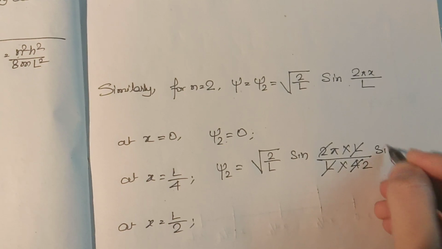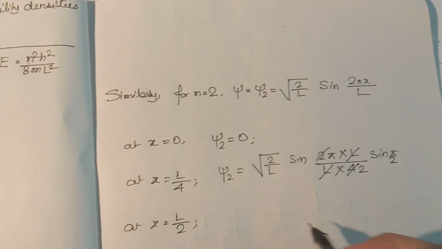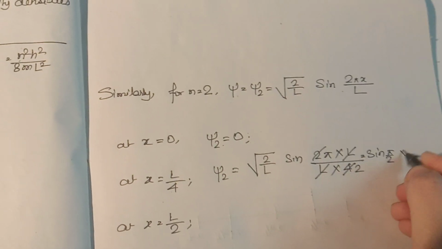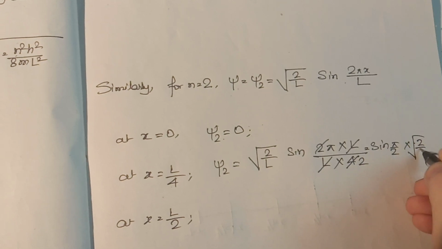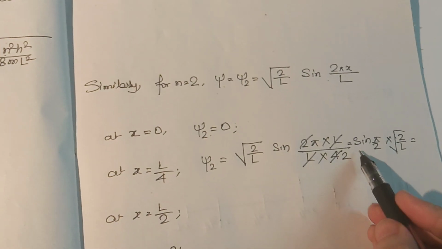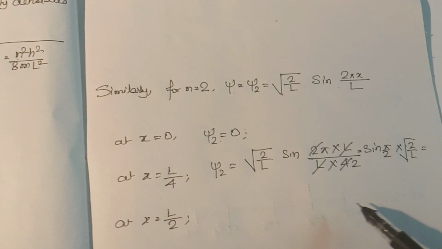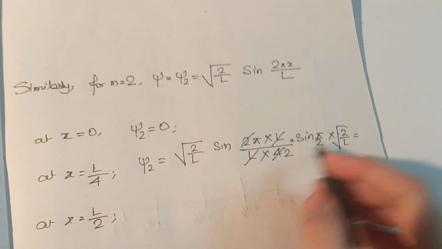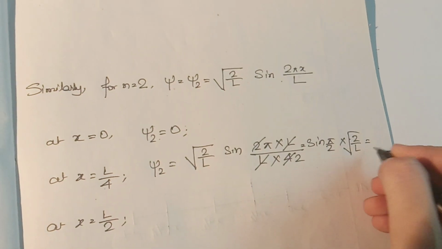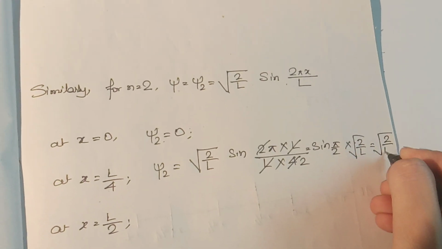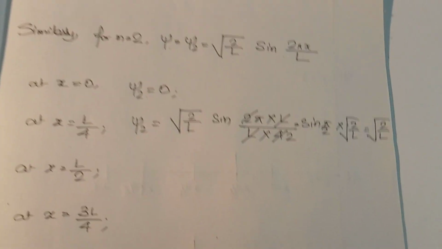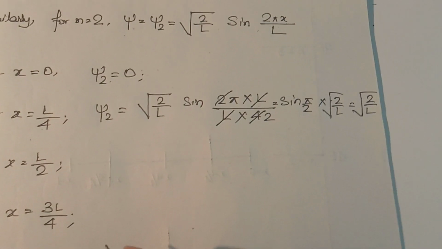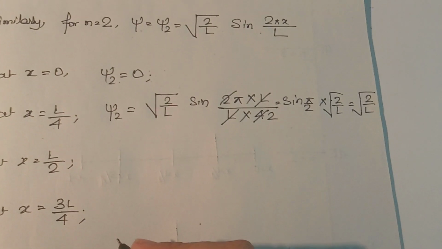So the value is coming sine pi by 2 into square root of 2 divided by L. So the sine 90 degree value is 1. So we can write here the value of psi 2 will come square root of 2 divided by L. This is the value that will come when we are putting x is equal to L by 4.